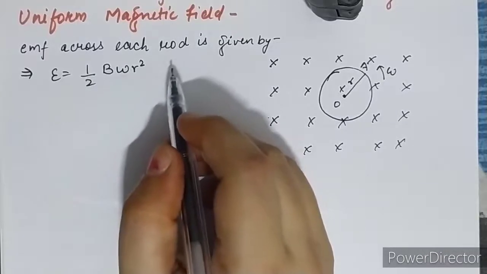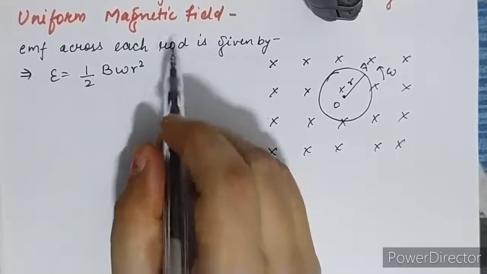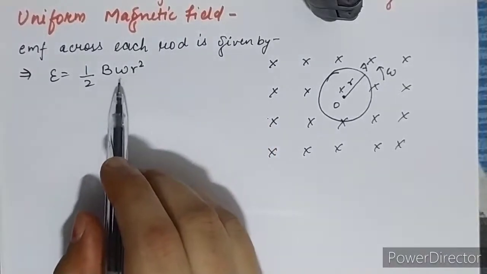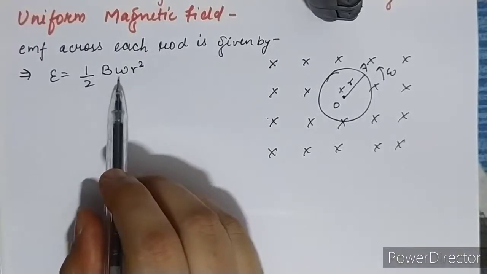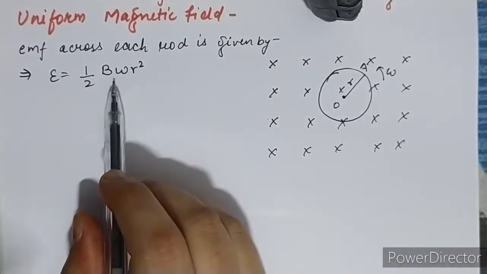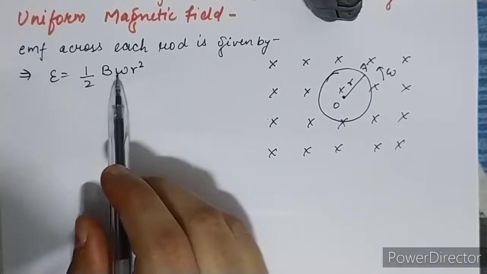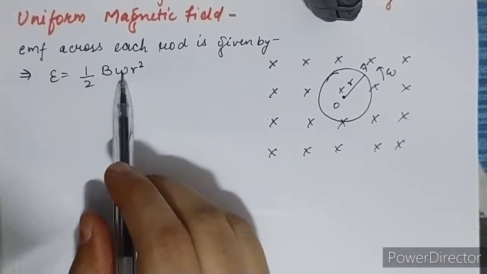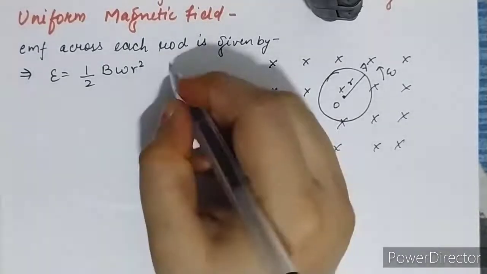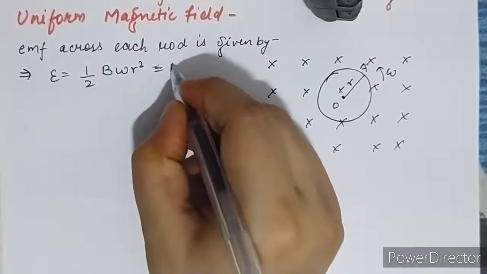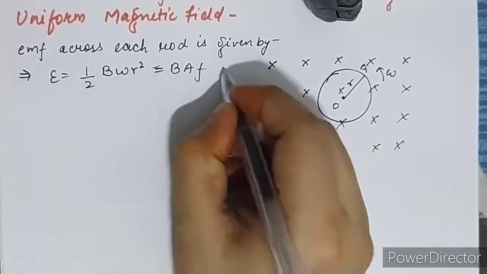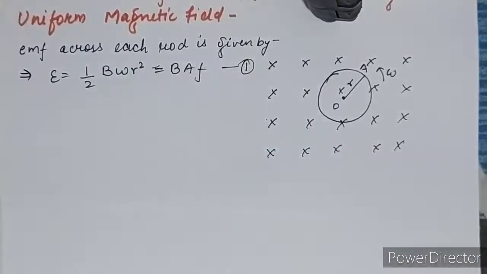Okay, now for this omega it will become 2 pi F. Okay, so 2 and 2 cancel out, pi R square is your area A, and F is there. So it will become BAF, equation number 1. Right, now we have discussed.